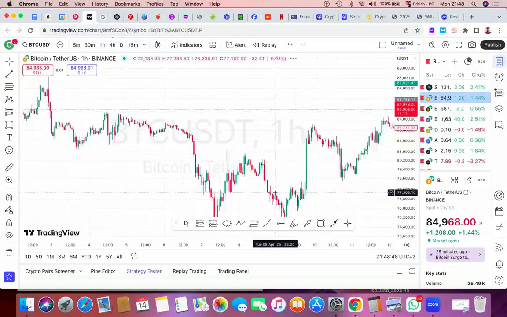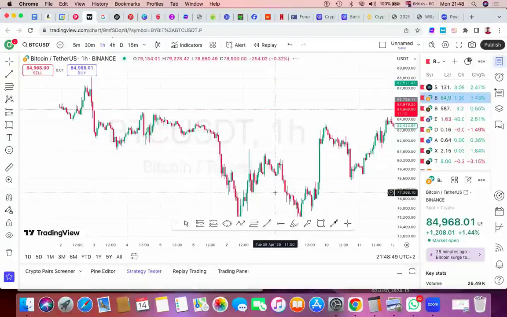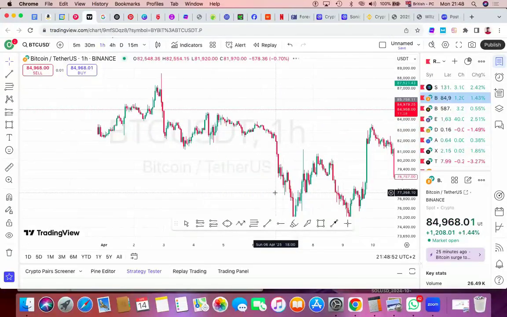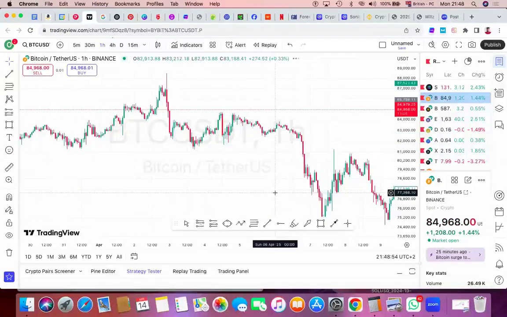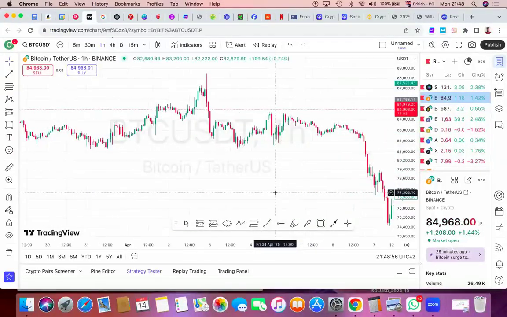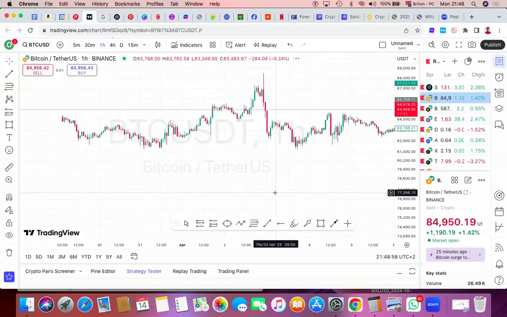From the BTC chart here, we are trying to see if we can find a hammer. Basically, what we'll be looking for is three consecutive down candles.